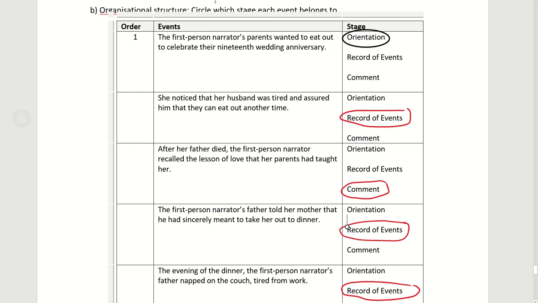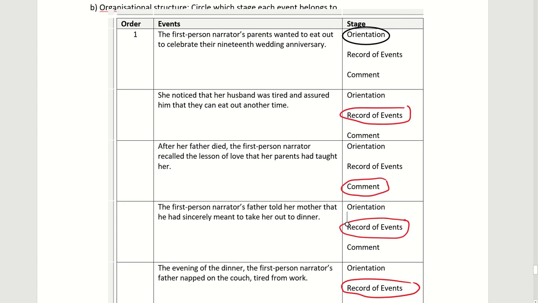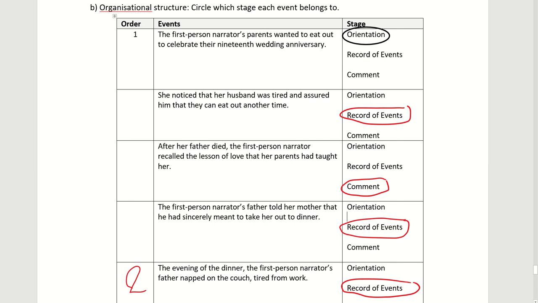Okay. So we know that the first one was eat out to celebrate the 19th anniversary. What's the next one that happened? The father fell asleep. Right? Next. What happened?